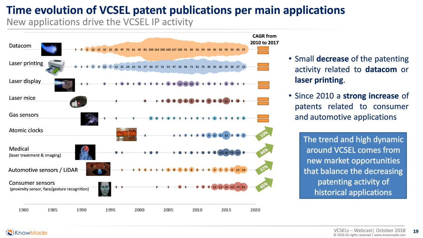These 4 applications show a very high growth rate regarding the IP landscape: about 10% growth rate for atomic clocks and even 45% for consumer applications, which is very high. So if we want to understand the current trend and the really high dynamic around VCSEL, we have to look into these 4 new IP domains, which are little compared to datacom and laser printing.